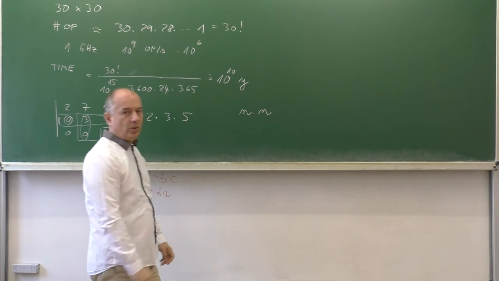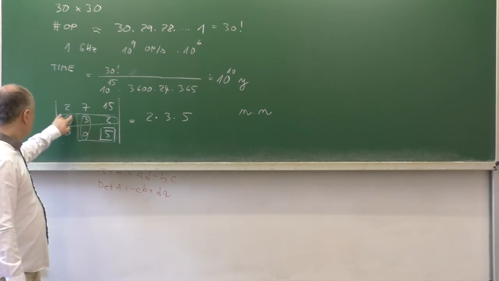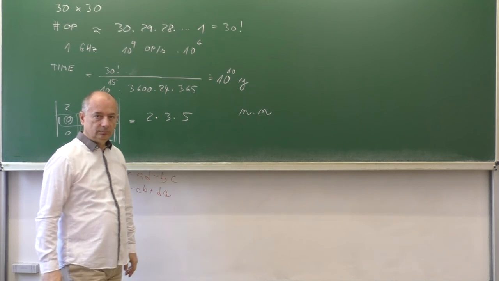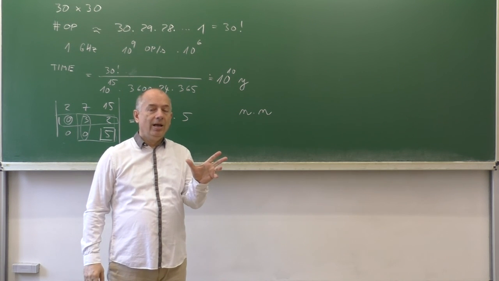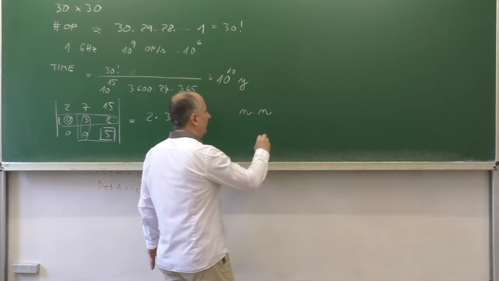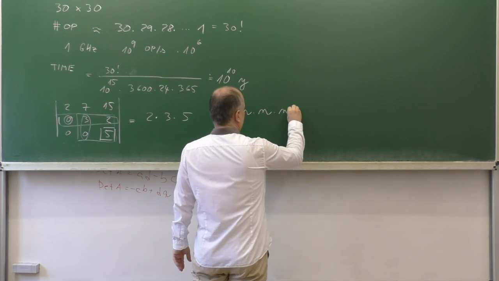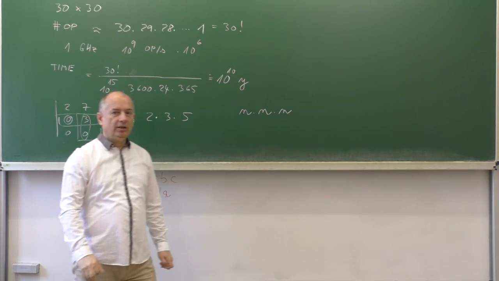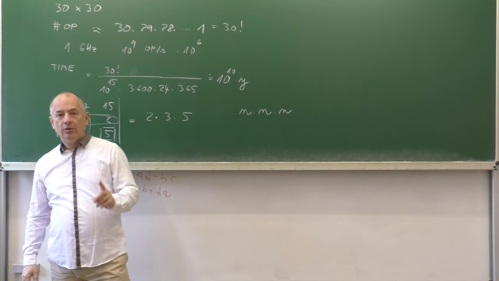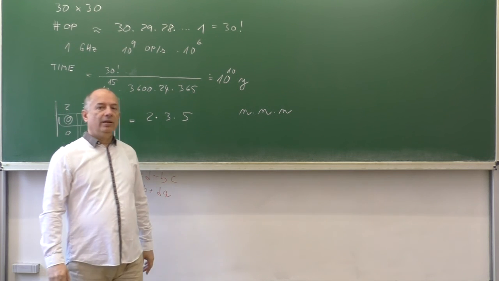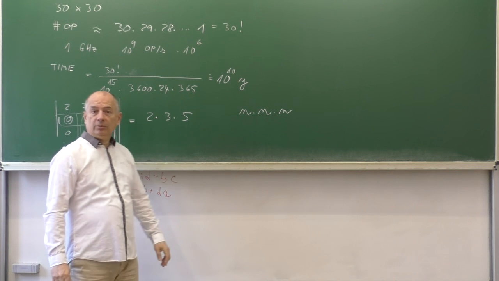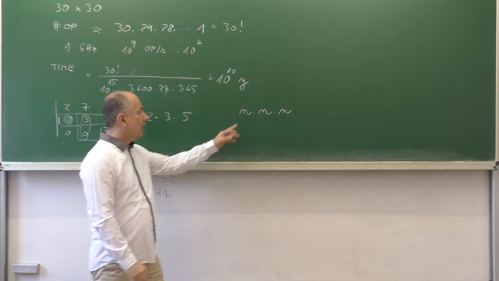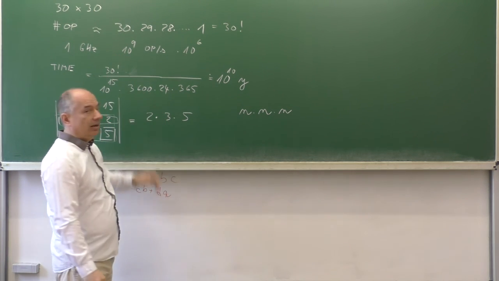So we have n squared operations to clear the first column. But this is not the only column in the matrix. There are n columns. So very roughly speaking, we have n cubed operations necessary to bring the square matrix into the upper triangle form. But this is much less than n factorial.